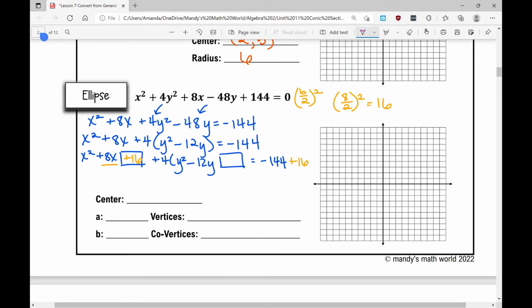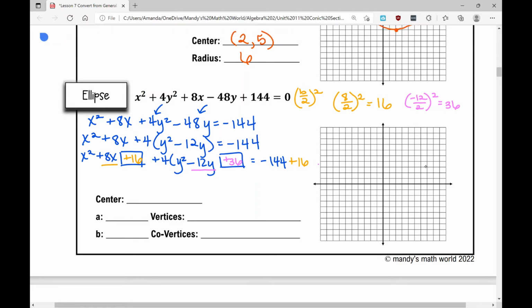Now, right here, what do I add? b over 2 is negative 12 over 2 squared. That's negative 6 squared, which is 36. I'm going to add 36 here, but we factored out a GCF of 4. I cannot just add 36 to this side and it be the same amount.